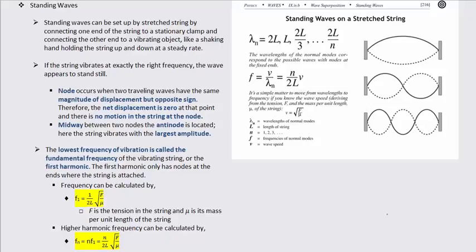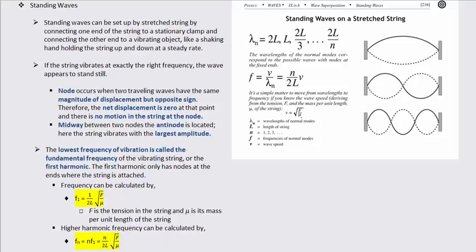We can also calculate the frequency of a string at a higher harmonic with the equation n, the number of the harmonic, divided by 2 times the length of the string, multiplied by the square root of the tension of the string divided by the mass per unit length of the string, which is just the velocity of the wave.